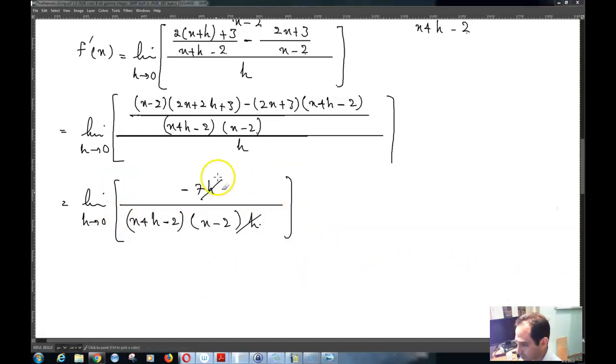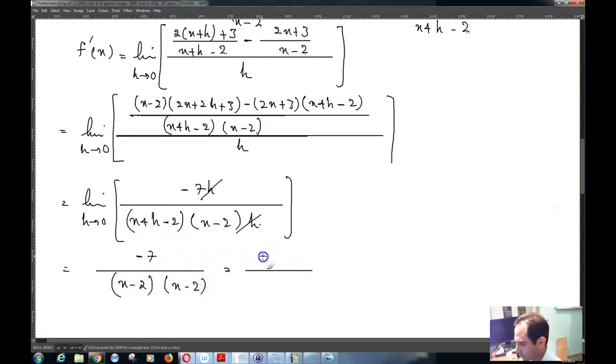And that is equal to, as h tends to 0, you will get negative 7 over x minus 2 times x minus 2, which is equal to negative 7 over x minus 2 whole squared.